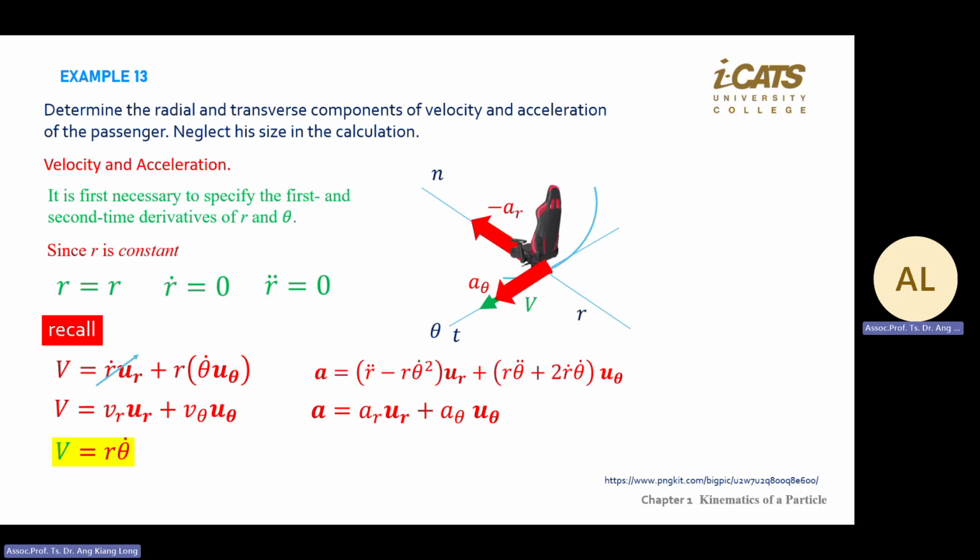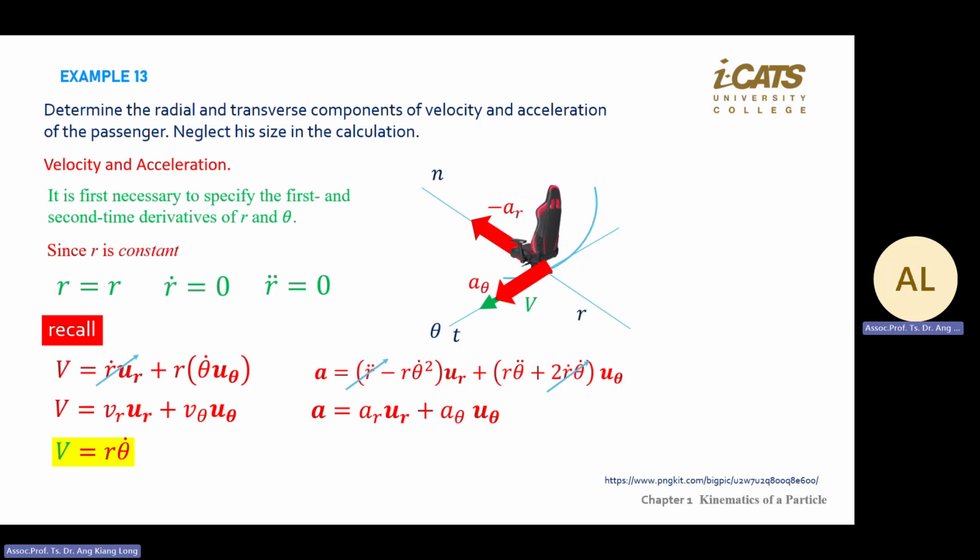So here, you arrive at this one 0. So V will equal this term, R theta dot. Okay. V equals R theta dot in what direction? In the angle direction. Here also the same. R double dot is 0. You cancel. R dot is also 0, so you cancel.